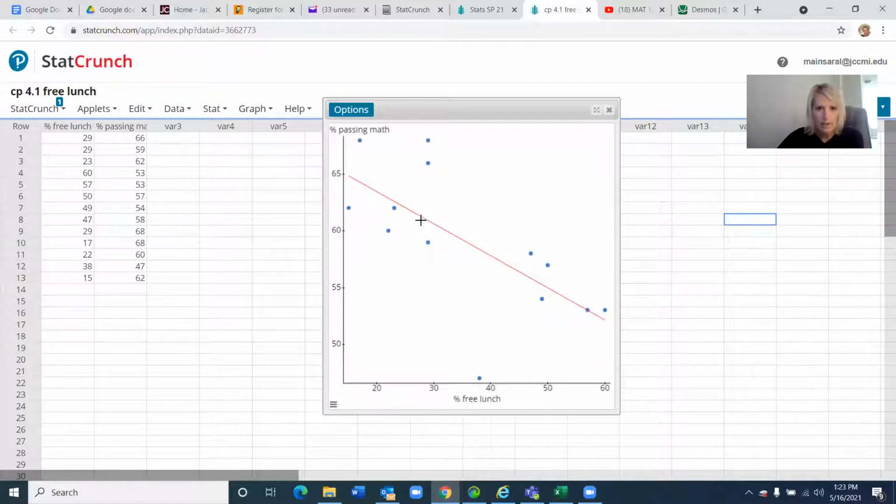We can hover over and it gives us the line, which is y equals 69.108 minus 0.2826 x. Let's hover over that, and I'm going to show you how to find it this way too.